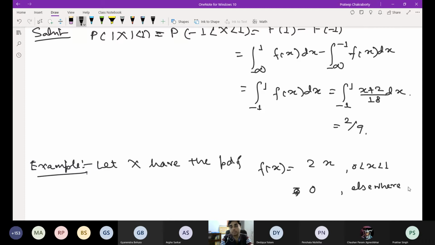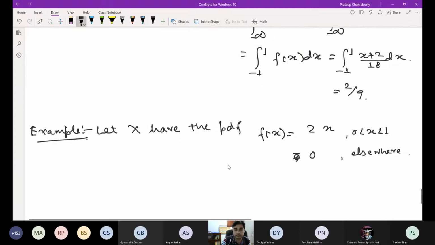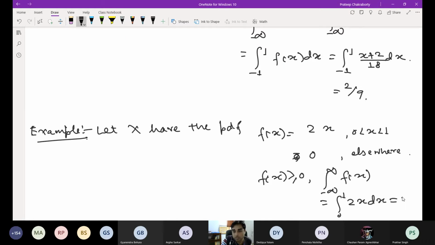You see, always these two things have to be satisfied: f of x greater than or equal to 0, and the integral from minus infinity to infinity of f of x dx, here equal to the integral from 0 to 1 of 2x dx, which you know is equal to 1. Only if these two properties are satisfied do we say this function is a probability density function. So in this example, these two properties are satisfied.